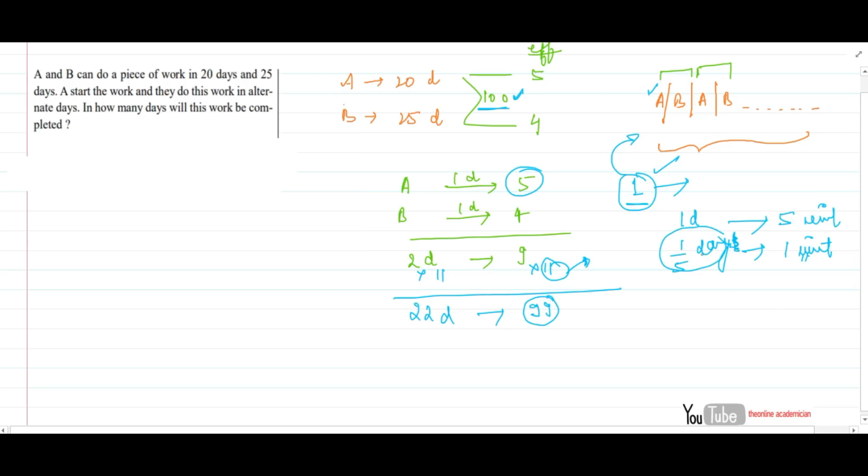So A will take 1/5 of a day for 1 unit of work. So what will be the total time now? Here it was 22 days and 1/5 day by A. So it will be 22 and 1/5 days. This will be the answer. This much time will be taken by A and B if they work alternately: 22 and 1/5 days.